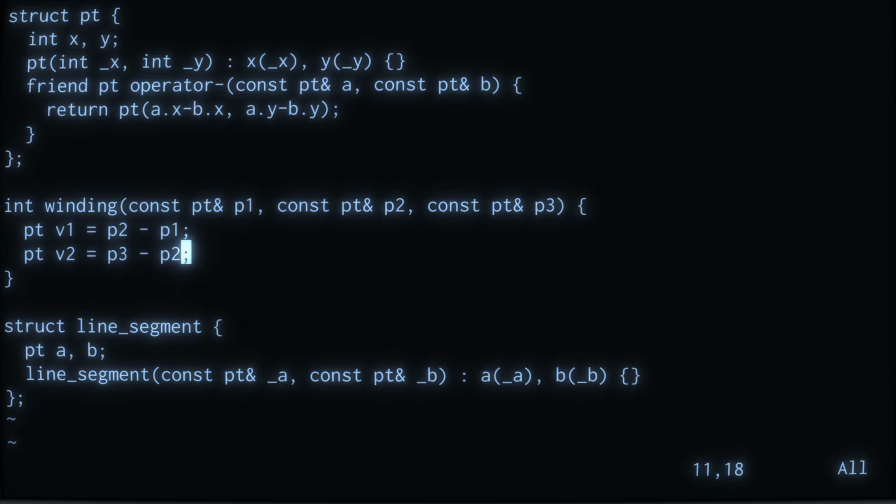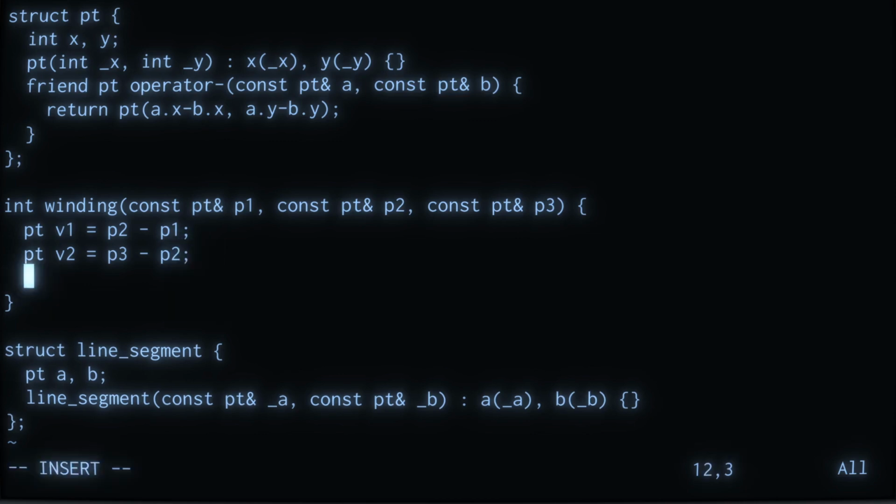And it's very, very important to note that the cross product takes two values, and the order of those values matters. It will actually give the opposite answer if you feed them in the wrong order. So it's very important that you take the cross product of v1 cross v2. Now, we actually need to implement our cross product before we can really think about how we're using this. So let's go and quickly add that formula as a function.